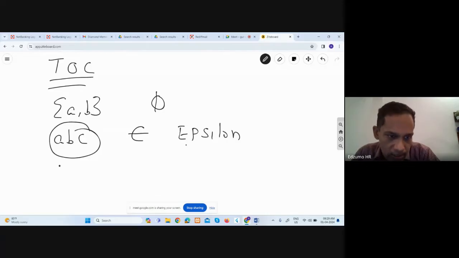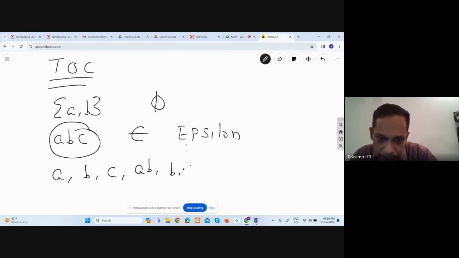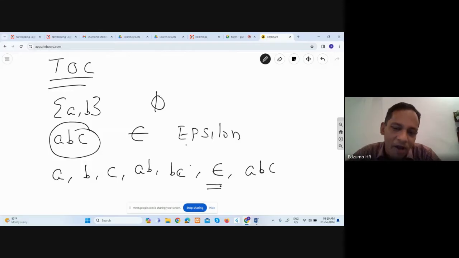The string is ABC, and the substrings are: A is a substring, B is a substring, C is a substring, then AB is a substring, BC is a substring, epsilon is a substring, ABC is a substring. Epsilon is a substring of every string, and also every string is a substring of itself.